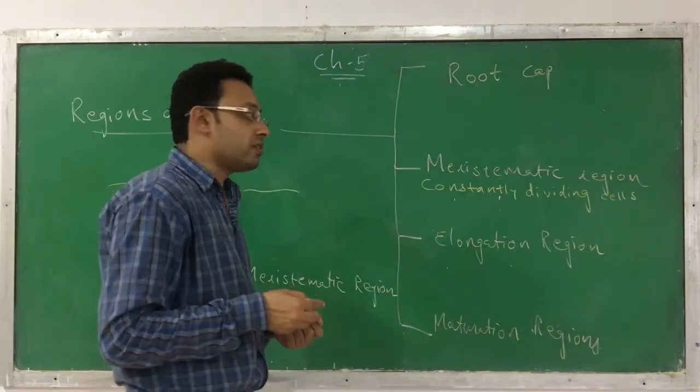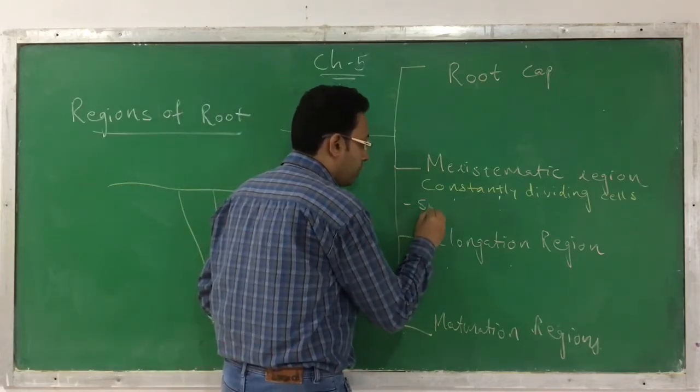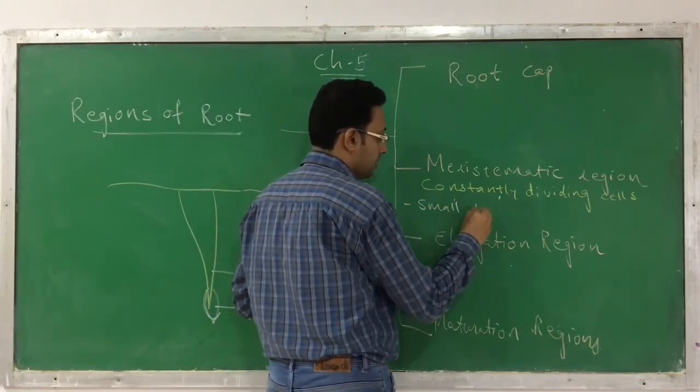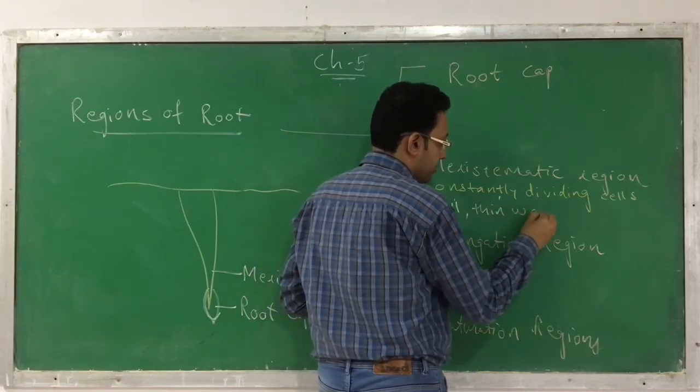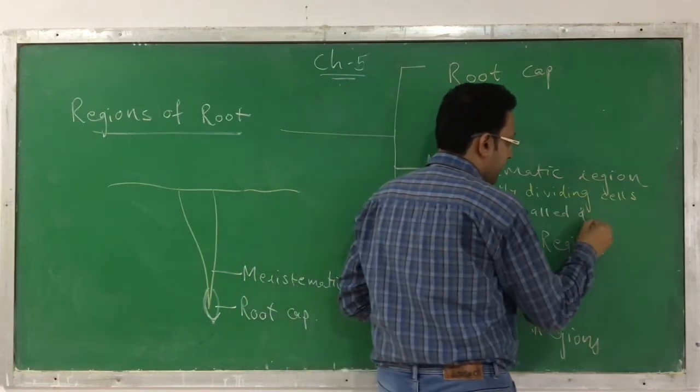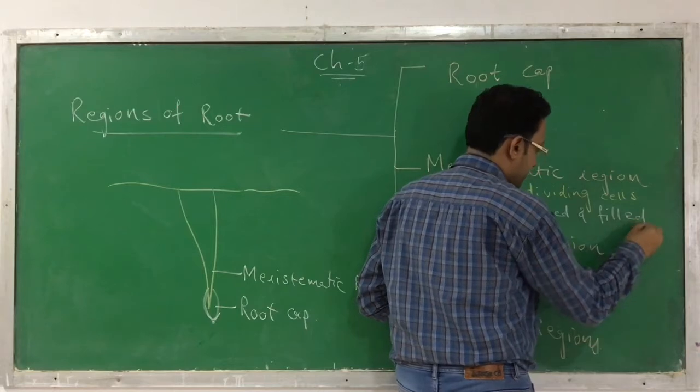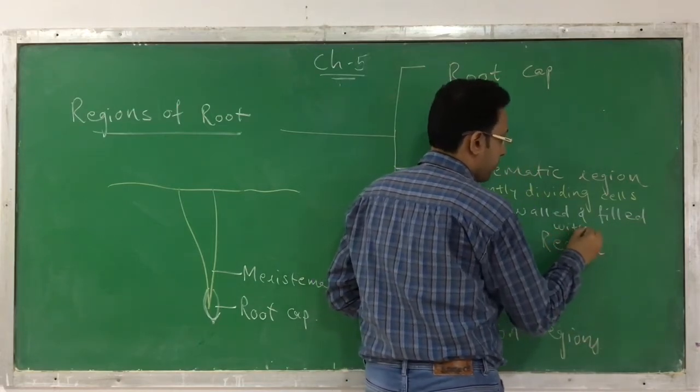The cells of these regions are small, thin-walled, and filled with protoplasm.